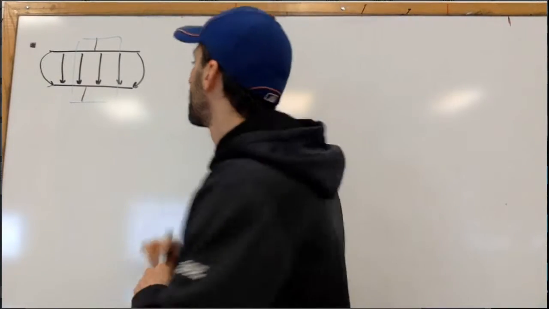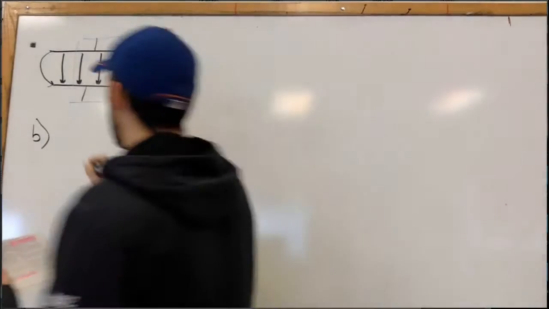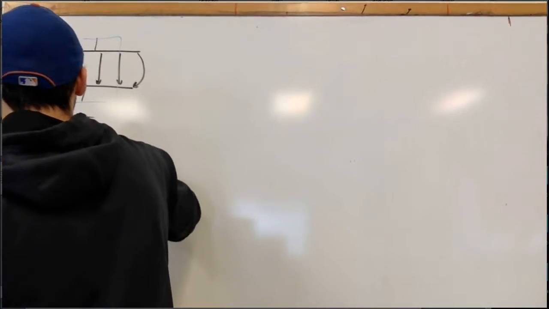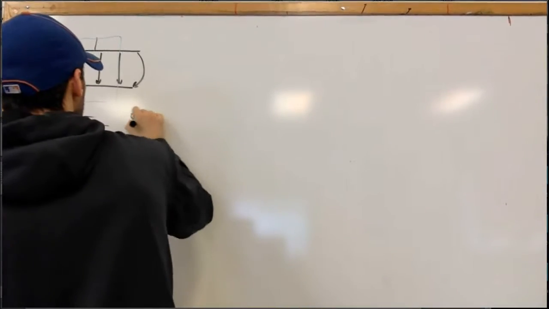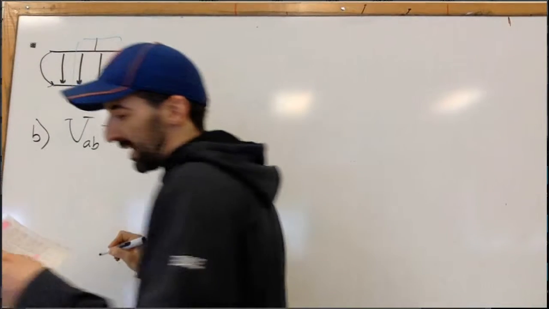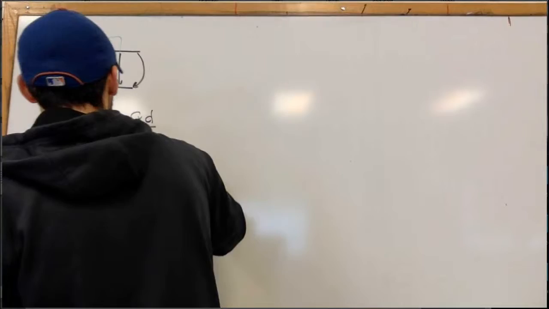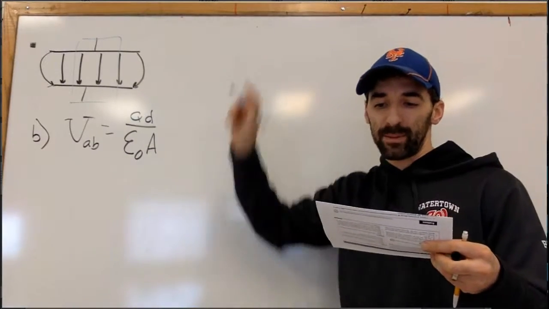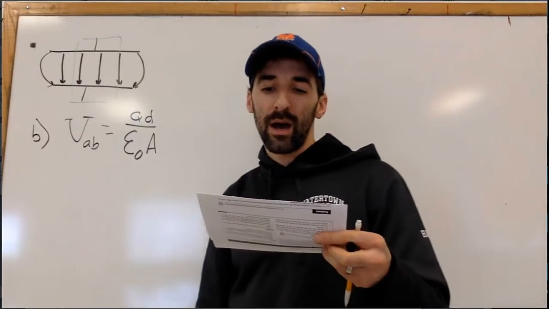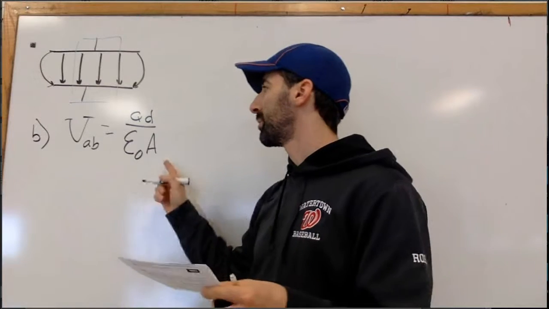Now for part B of this question, they give you an equation: the potential difference from A to B, just between those two parallel plates, equals Q times the distance divided by epsilon 0 times A. The question wants to know, if my plates are pulled apart as described, will the potential difference be more or less than the formula would indicate?